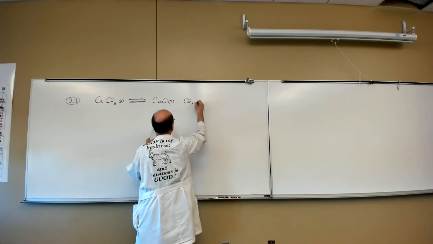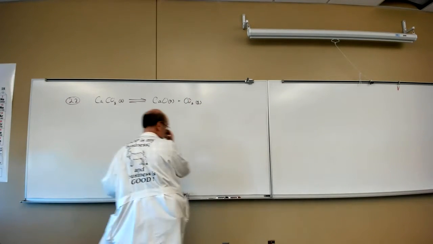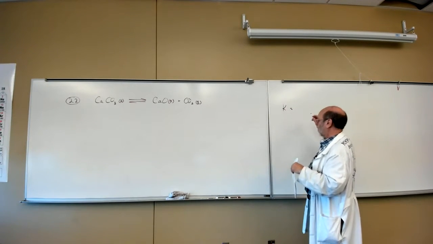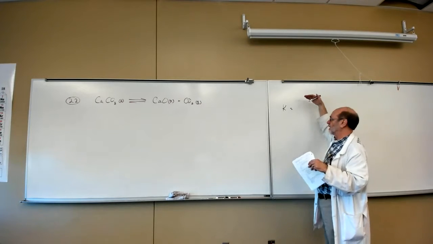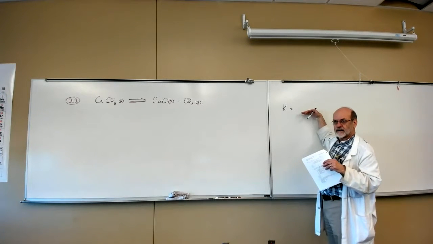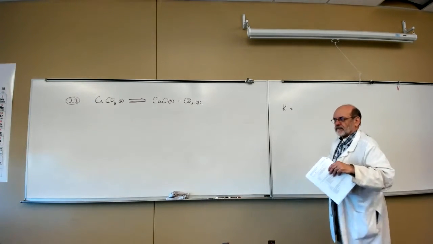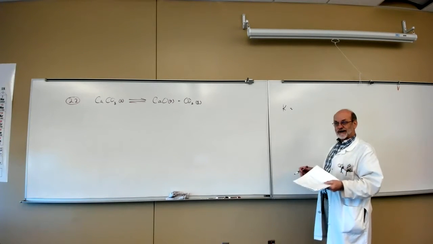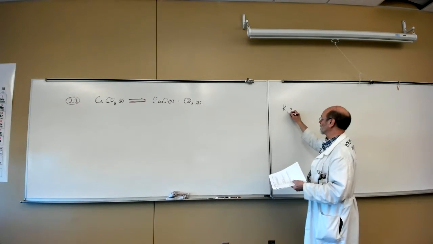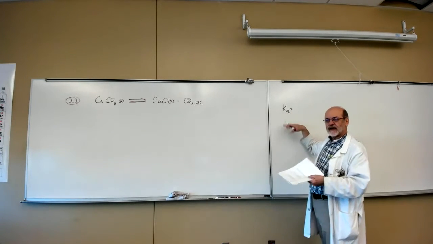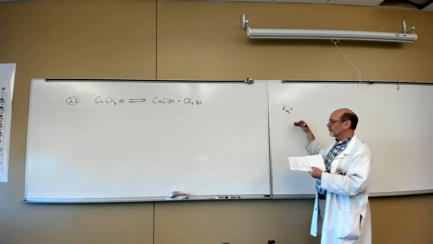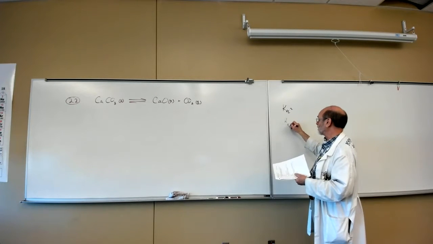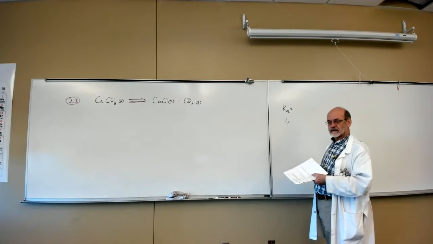CO2. Okay. Equilibrium expressions are basically all the same: products over reactants. It just depends on what version you're using. If we use molarity, then we usually say either just plain K or KEQ. If we're using partial pressures for gases, then we use KP.